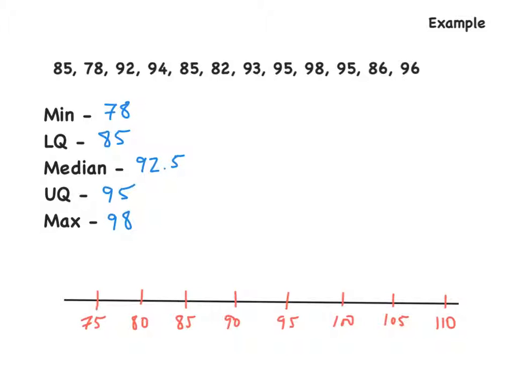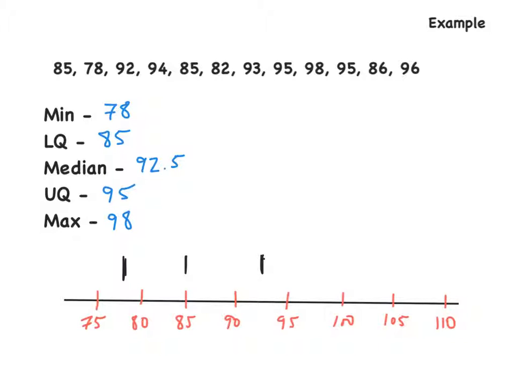Second step, mark every one of these points on this graph that's already drawn. So, let's see here. If we have the minimum of 78, looks like that'd probably be about right here. Lower quartile of 85, the median of 92.5, looks like that's right in the middle.